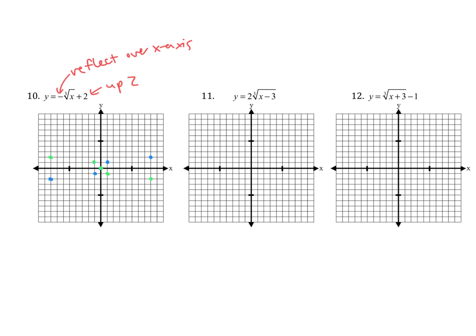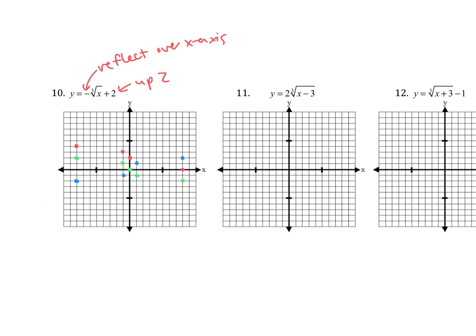So that's the reflection over the x-axis, and then I'm going to take all those points up 2. So each point goes 2 higher, and then I connect them. I'm missing one, this one. And it looks like this.